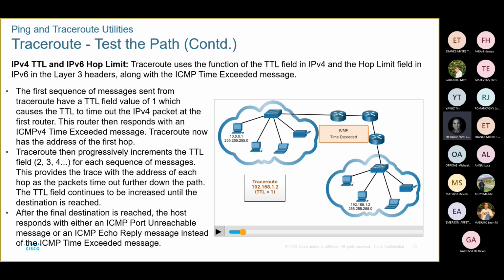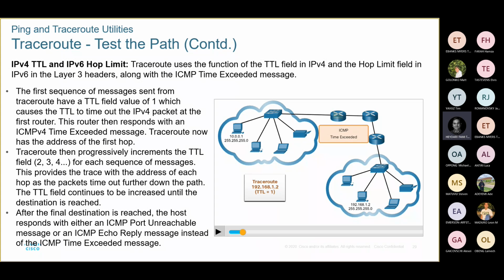I also told you the story behind traceroute, which gives us the hops that a packet is taking to get to the destination. So the difference between ping and traceroute: ping just tests the reachability, whereas traceroute, or tracert, depending on the operating system that you're using, also tells you the hops that you are traversing to get to the destination. ICMP version 4 and version 6 both do the connectivity test for you.